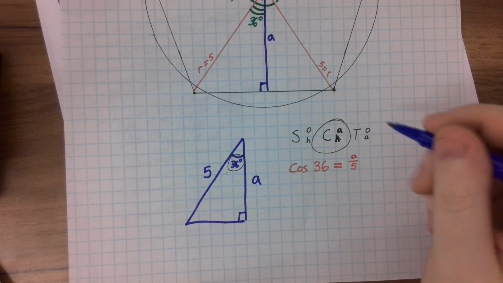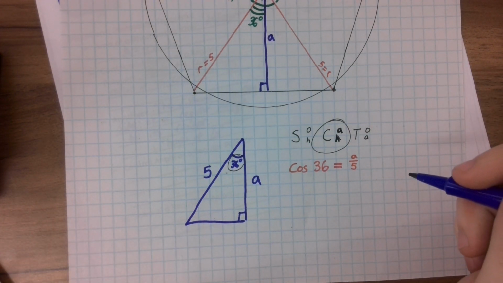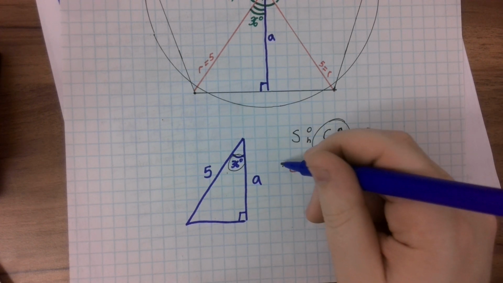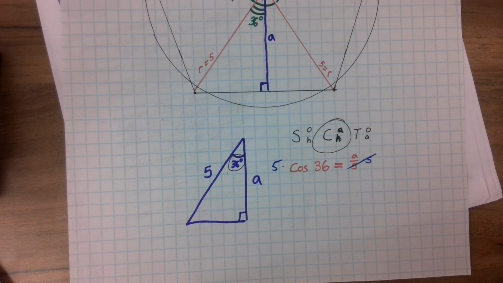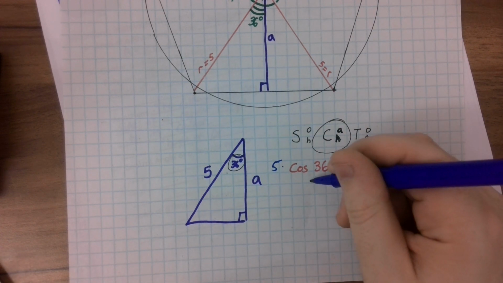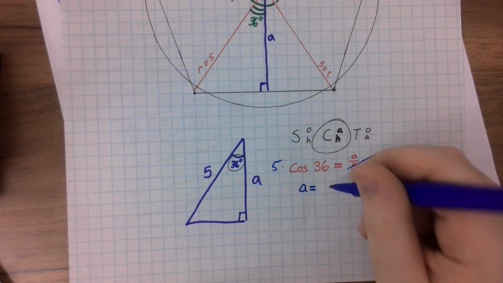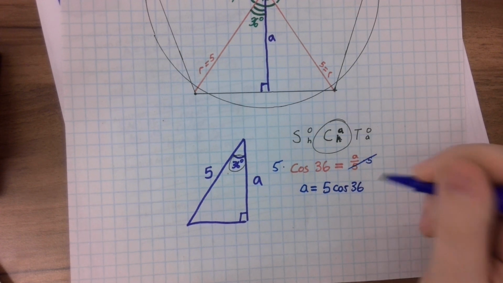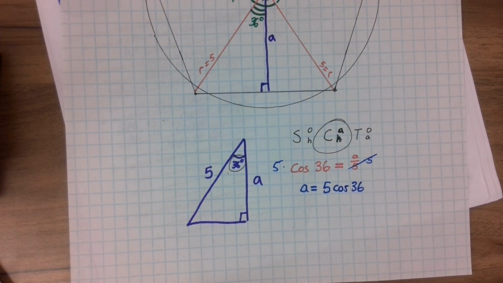So what's the thing we have to do to solve for A? Since this is A divided by 5, we just have to multiply by 5 on both sides. We now have the length of our apothem. Our apothem is whatever 5 times the cosine of 36 is. Nice!